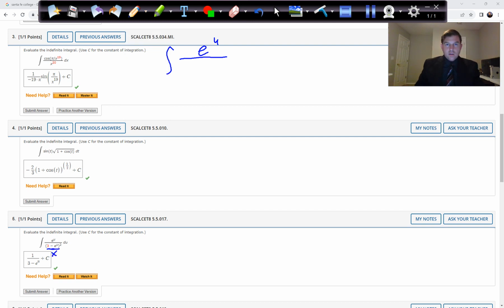So it's like x substitution instead of u substitution because they already used the letter u. So it's 3 minus e to the u du. So let's let x, our dummy variable, be 3, oops, there's a squared here, I forgot, be 3 minus e to the u.